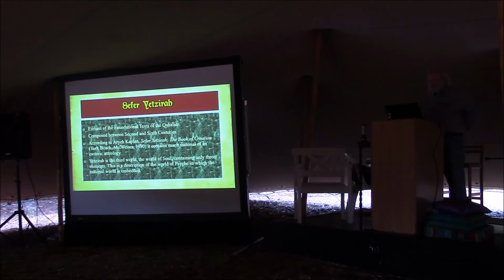Whether it really was the beginning of the Qabalah depends on what you mean by beginning. It was composed between the 2nd and 6th centuries CE, and here is an interesting thing. According to Aryeh Kaplan, Sefer Yetzirah, the Book of Creation, which is still in print, contains much material concerning an esoteric astrology.